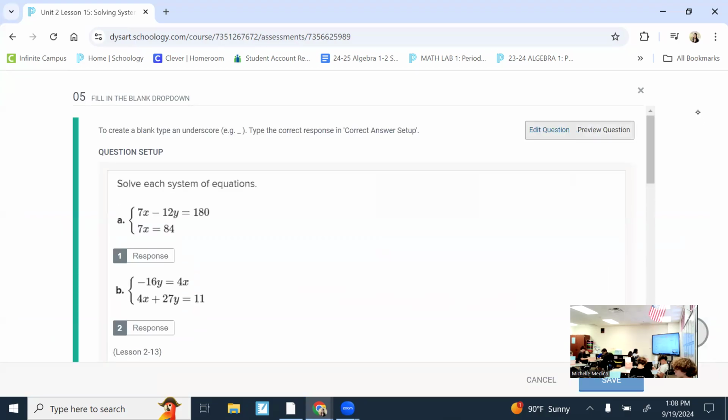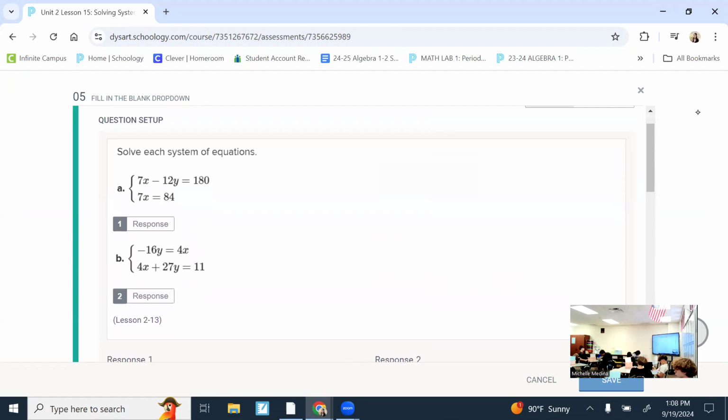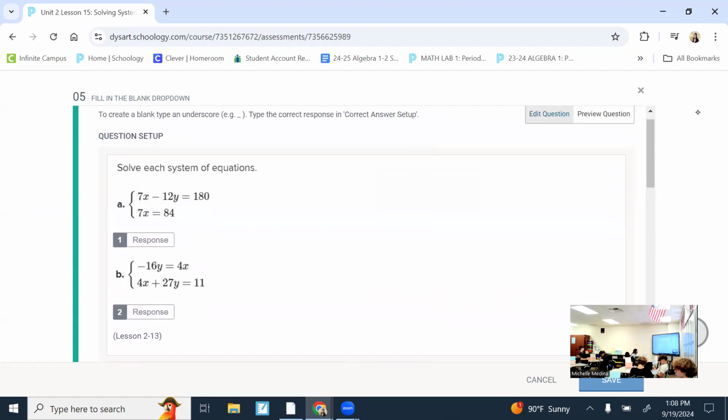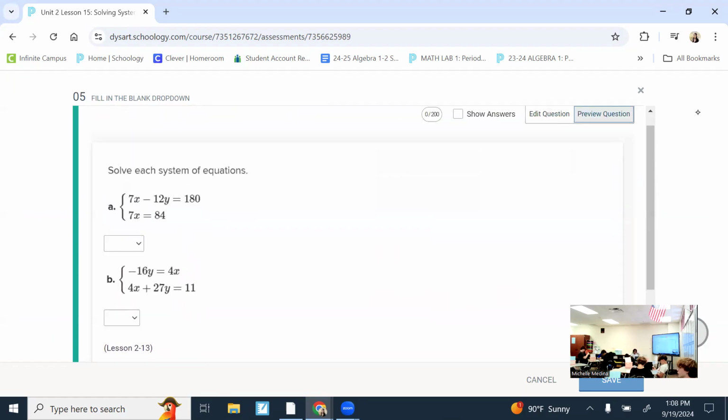Okay, so we're solving each, and they did not specify, but it looks like they want you to use substitution. But it didn't specify, so you can use whatever method you want. You could type these both into decimals and see where the answer is. But if I'm doing substitution, this one would be easy because this one's almost already fully isolated, so I'd probably start with isolating the x in this one.